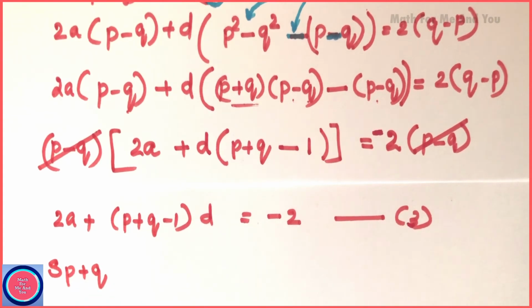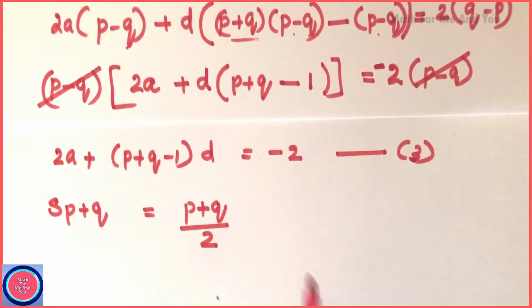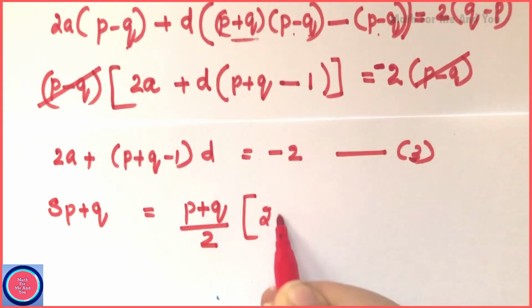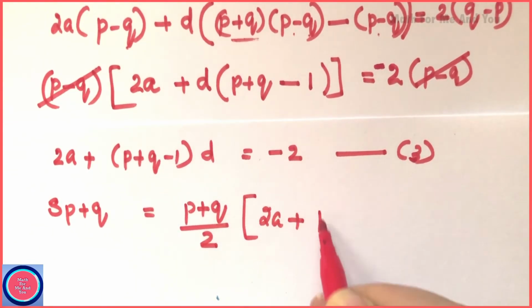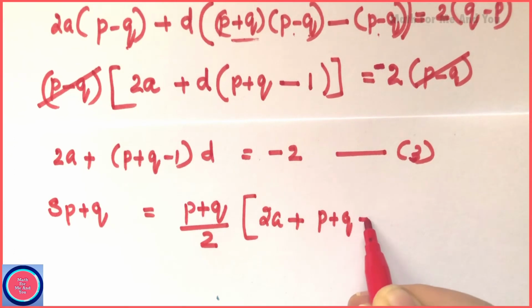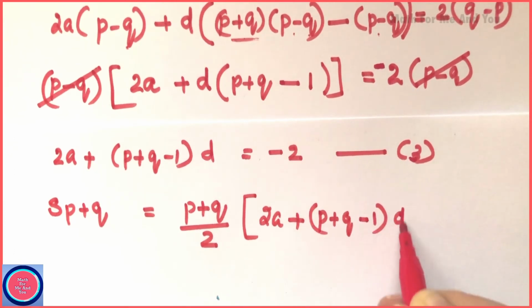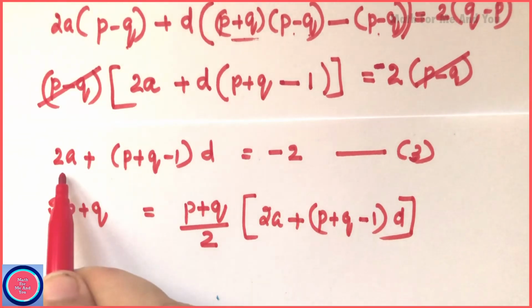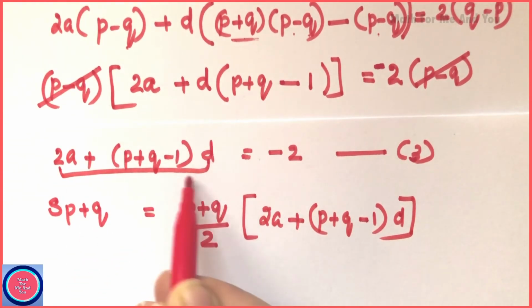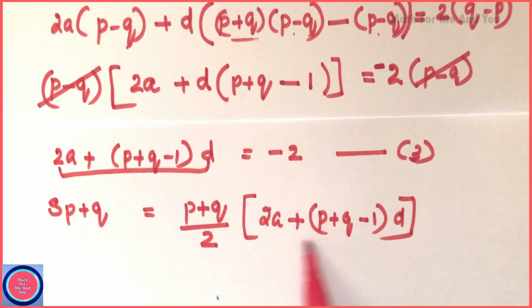Now we can write the sum of p plus q terms, that is S of p plus q. Using the formula Sn, this is n over 2, here (p plus q) over 2 times (2a plus (n minus 1), meaning p plus q minus 1) times d. But look at equation number 3: 2a plus (p plus q minus 1) times d. What is the value?